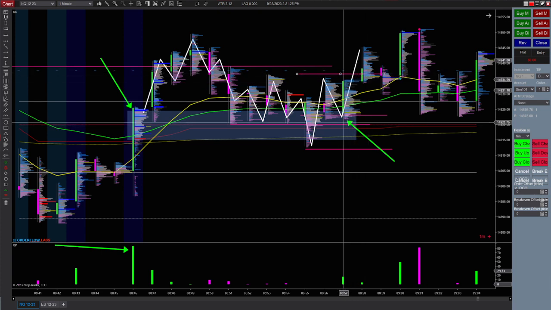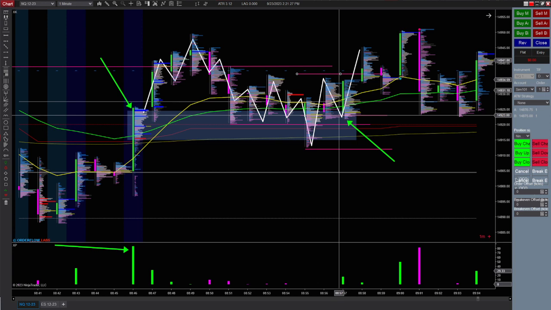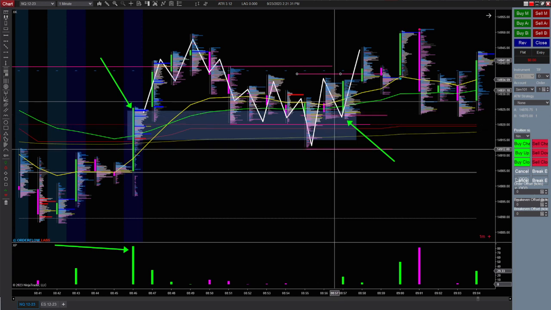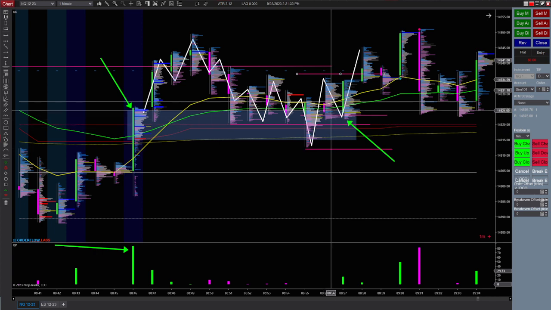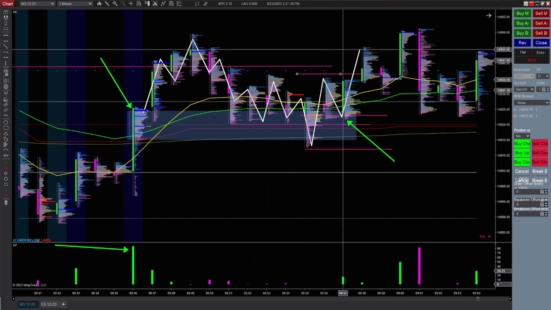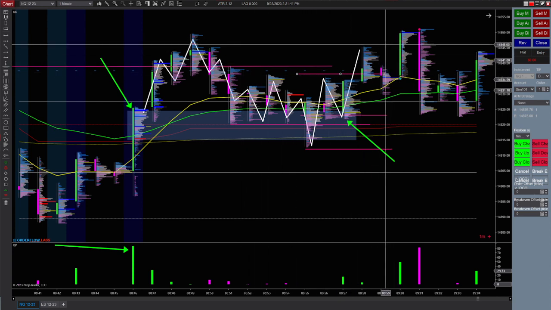So again, that's your entry. You probably end up getting in somewhere around 25, stop around 12. So you got about a 15 stop, 25, 35. Ideally for a 1-to-1, you want to target this 40 area and then hold for a larger push.